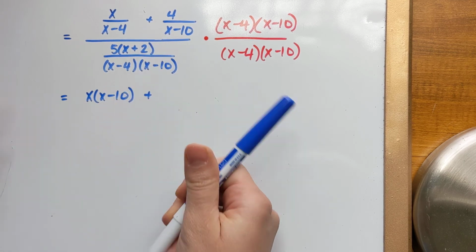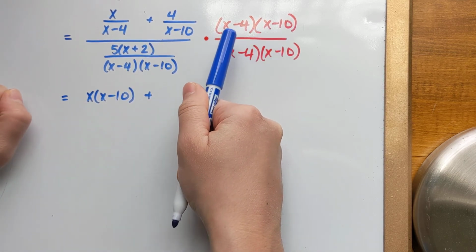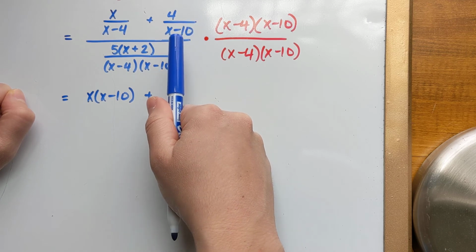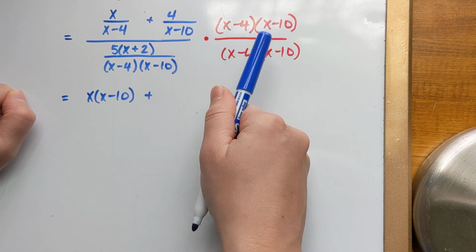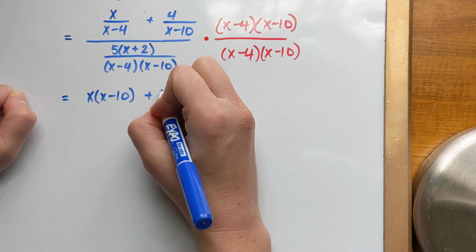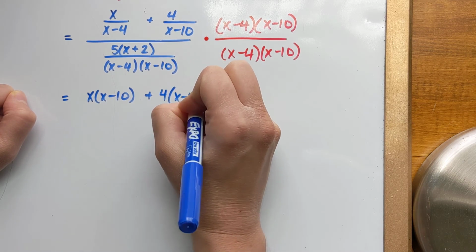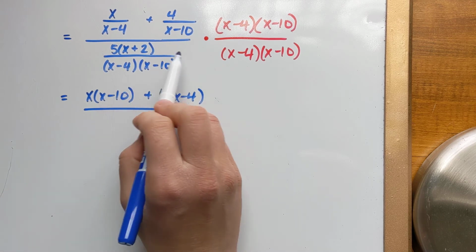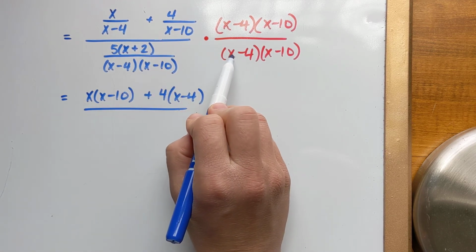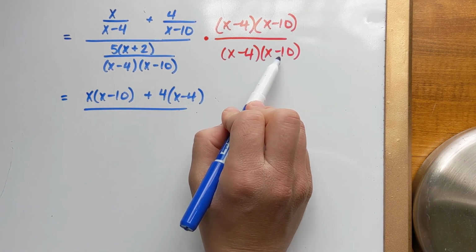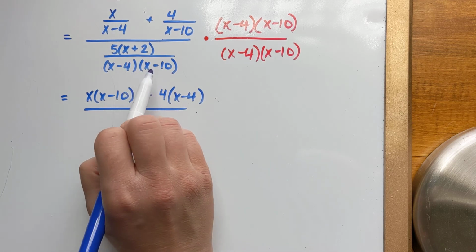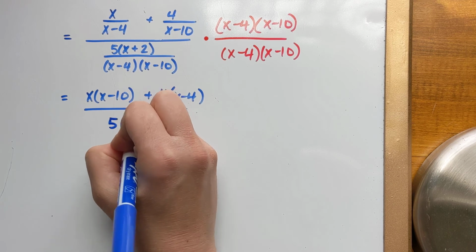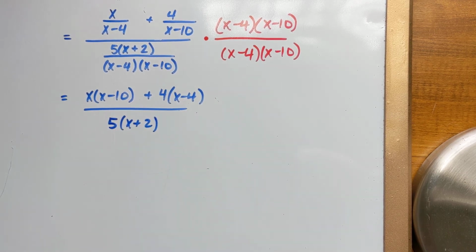All right, over here, when I go to multiply this whole thing times the 4, notice that it should cancel the x minus 10s and just leave you with 4 times x minus 4. In the bottom, if I were to multiply this numerator by x minus 4 times x minus 10, these would cancel with the whole denominator, and I would just be left with 5 times x plus 2.